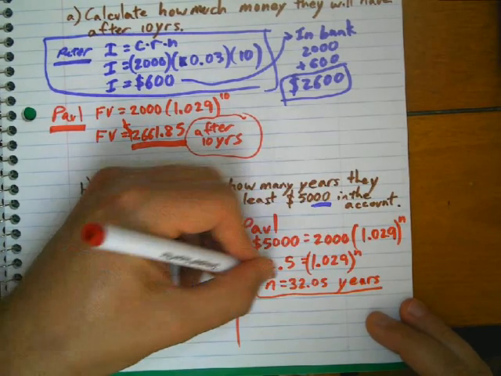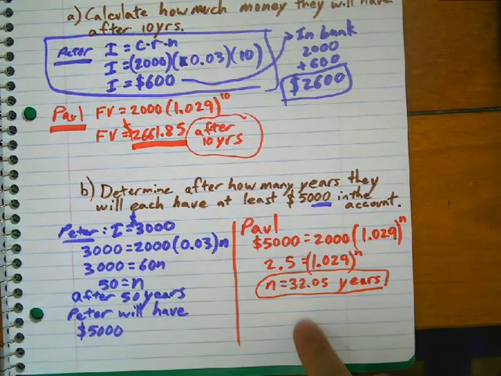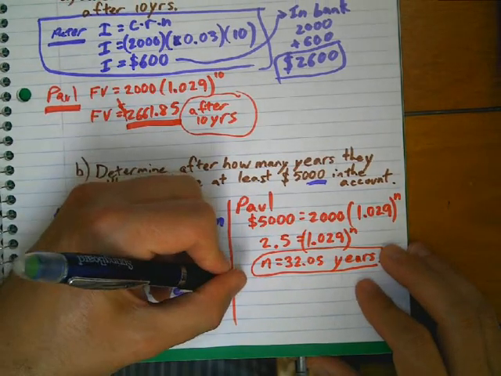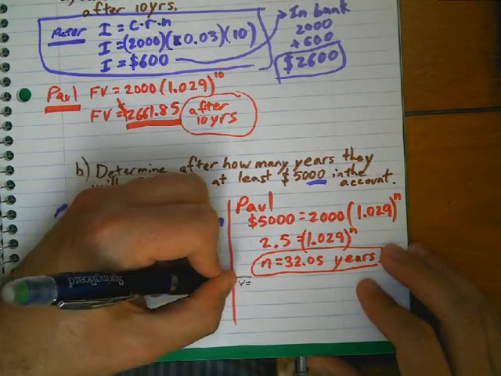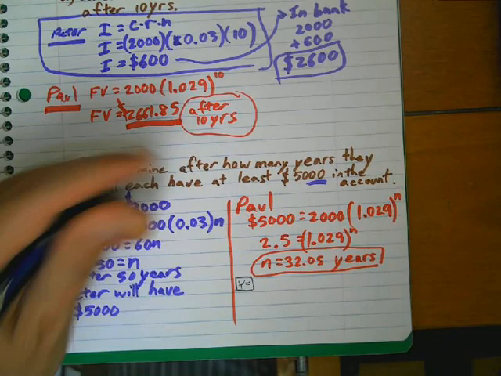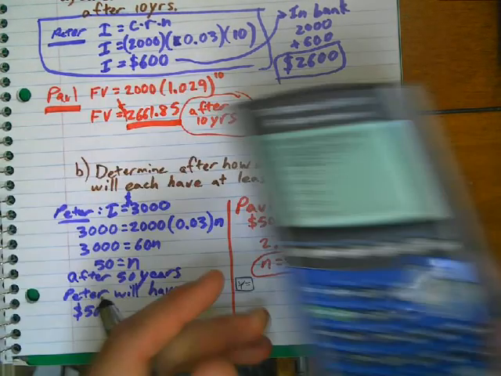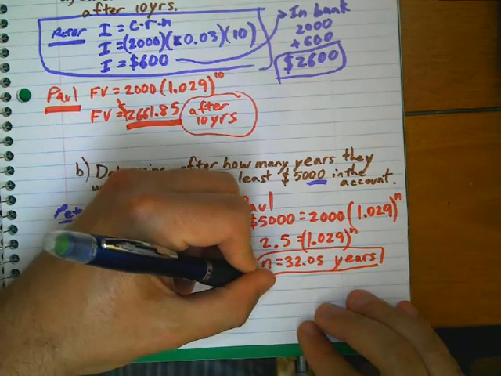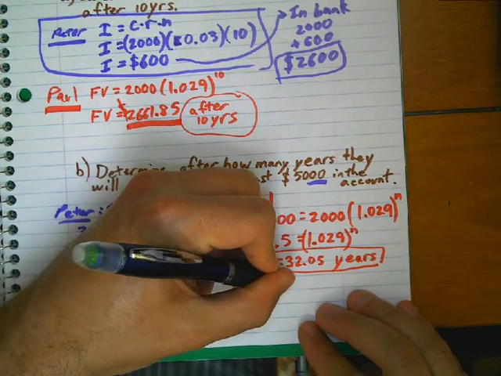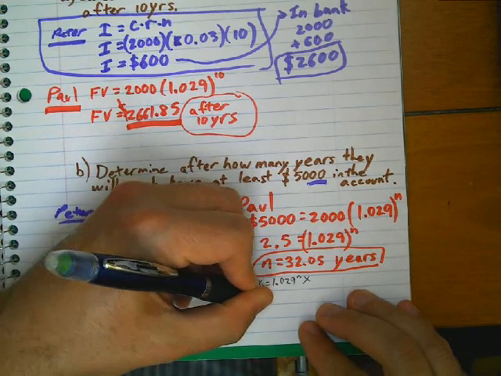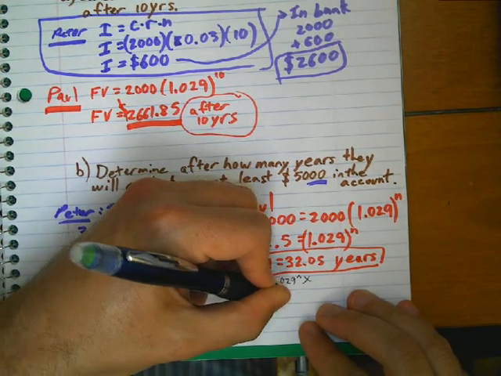Okay, let me write down the calculator steps that we just did. So what was the first thing we did? We hit y equals, and then I typed in the two equations. y1 equals 1.029 to the power of x, y2 equals 2.5.